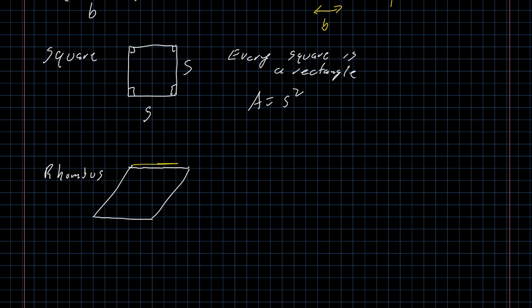So not only are the top and bottom equal, they're also equal to the left and equal to the right. There is nothing special about this as far as the formula goes whatsoever. We're still going to have to call this the base and we're still going to have to measure the height perpendicularly.